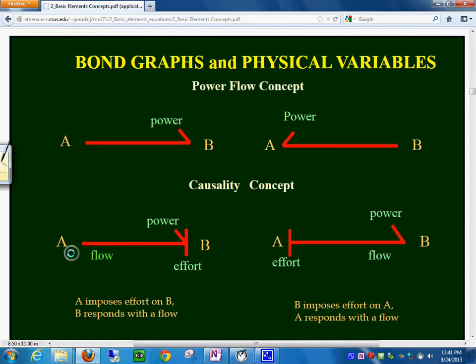In here you have that A applies the effort to B, B responds with the flow. In this case, B applies the effort to A, and A responds with the flow. So this would be the effort side, and this would be the flow side.